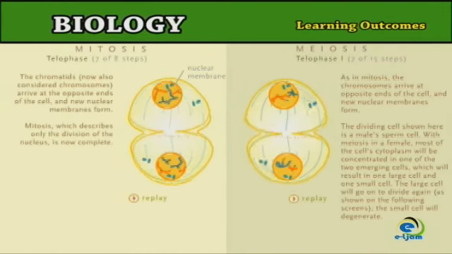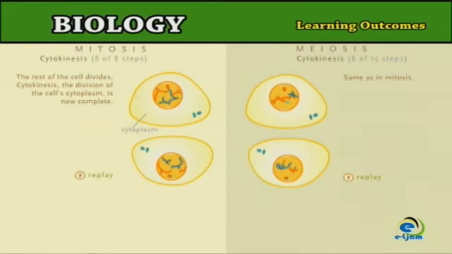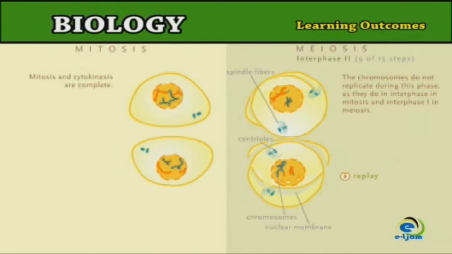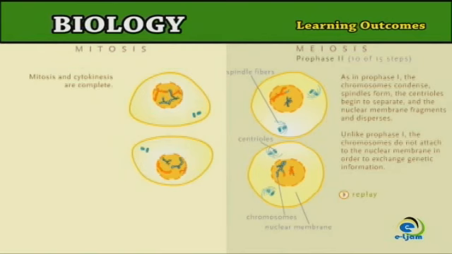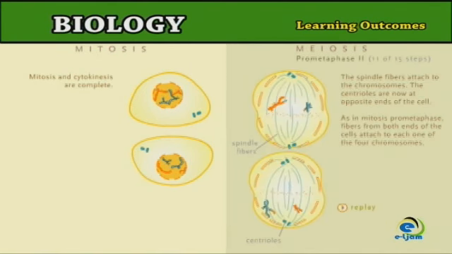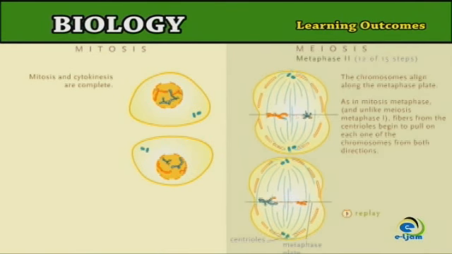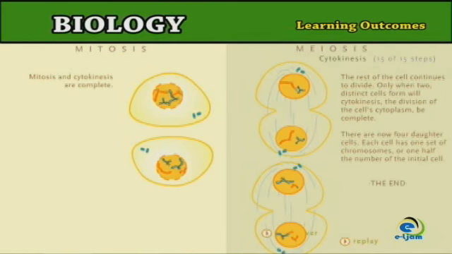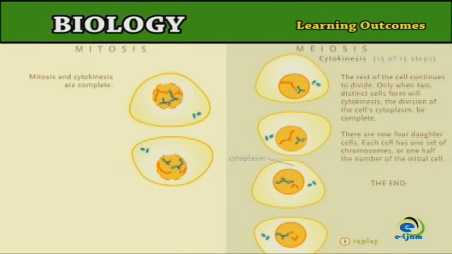At the end of meiosis 1, the chromosome number has been reduced, but each chromosome still has 2 chromatids. The chromosomes are not replicated in the interphase between meiosis I and meiosis II. The chromatids finally separate in anaphase II. The final result is 4 haploid gametes, each with half the number of chromosomes present in the diploid cells.